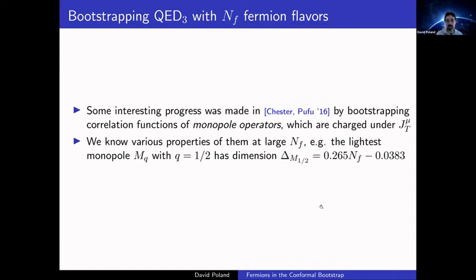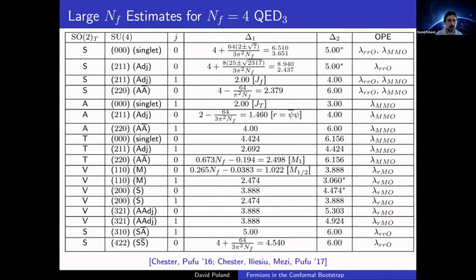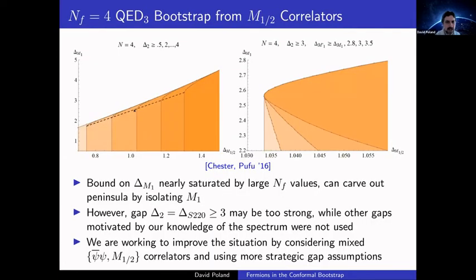And we can use this formula to get some estimates at finite values of n. There's lots of other data known about the large n spectrum. And so we have an ongoing project to try to learn something about small n QED3 using these large n estimates as a guide. We've been focusing on the case of NF equals 4. And so I won't dwell on that slide.